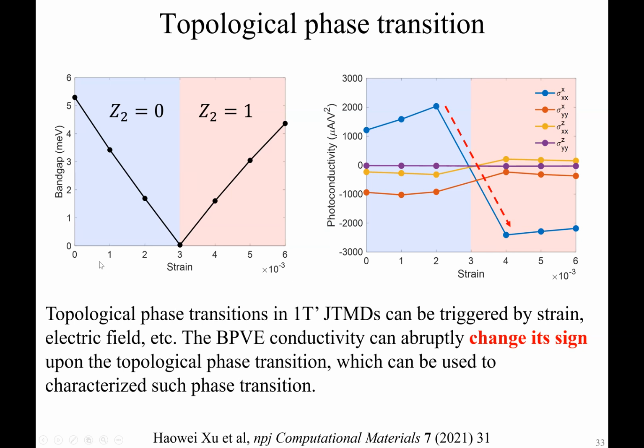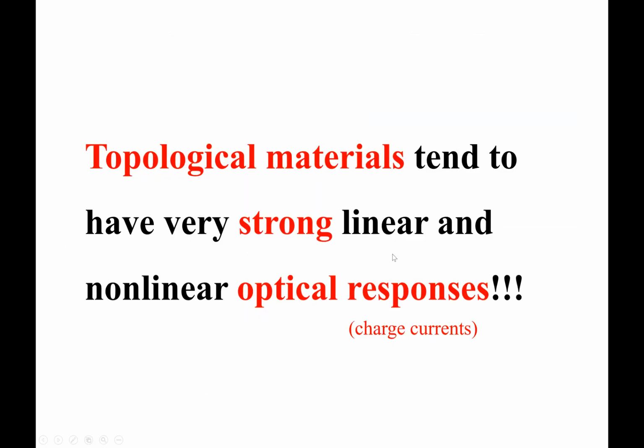And also, because of this big dependence on the topology, when we apply elastic strain that can trigger a trivial to topological insulator transition, there is a drastic change in the sign of the photoconductivity. This abrupt change of sign is a fingerprint of a topological phase transition and can be used to diagnose it.